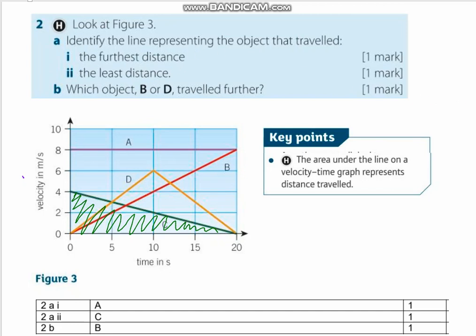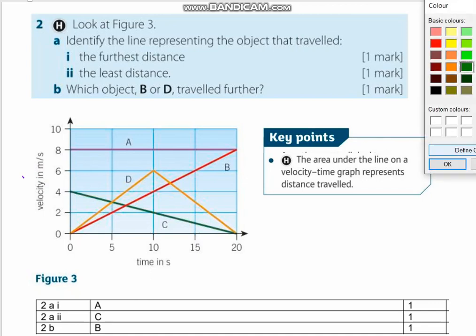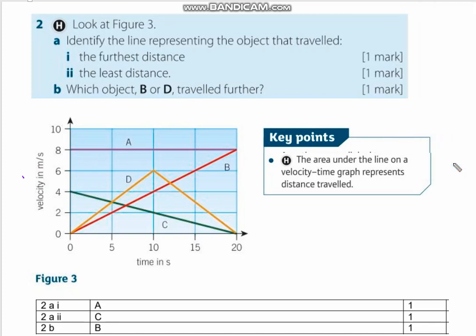Then it says which object, B or D, travelled further. So for this one, we have to compare the areas underneath line B and line D. If we start off by looking at line B, the area under line B is this area here, which I won't shade because I'm going to do this by counting the boxes.